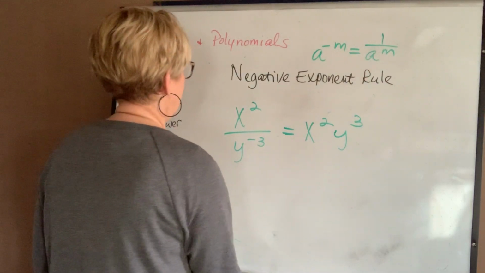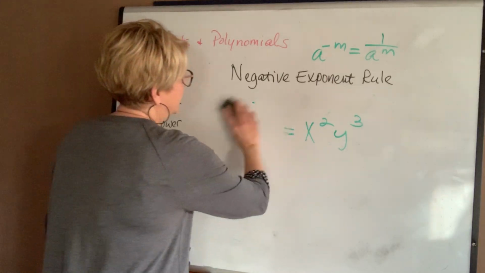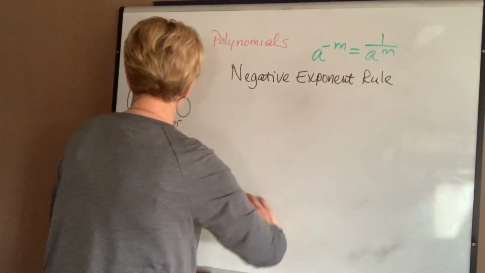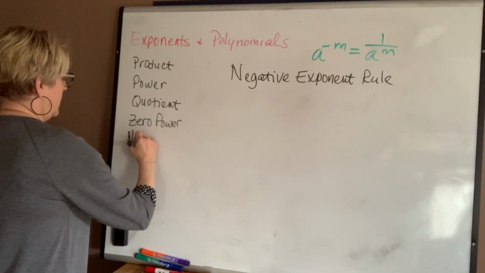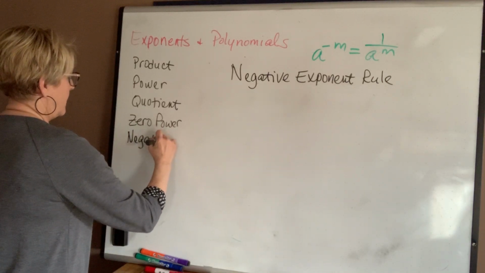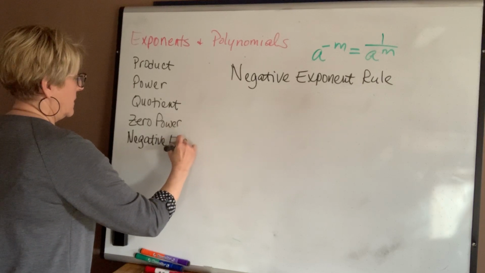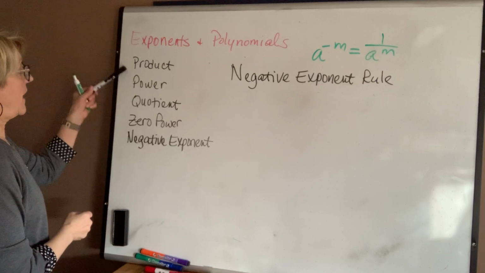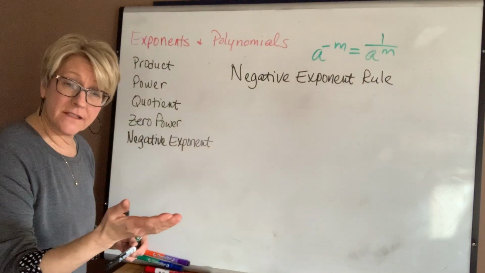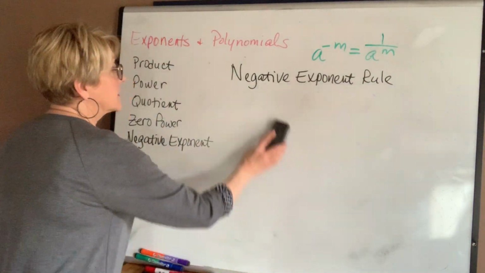All right, so negative exponents. So we're going to add to our list here. We have the negative exponent rule. All right, so we've got 5 shortcuts for working with exponents.